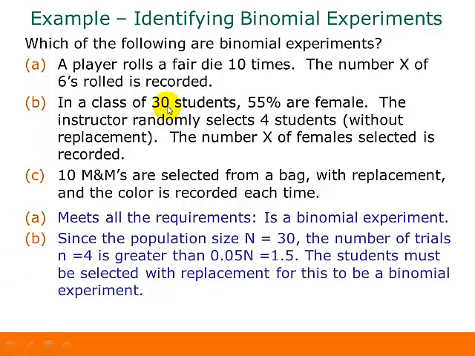So here we're looking at the population size being 30 and the number of trials is 4. Our requirement says that if the number of trials is less than 0.05 times the population size, we can ignore the requirement. But in this case, if we take 0.05 times 30, we get 1.5. Our number of trials is greater than that, so we cannot ignore that requirement.